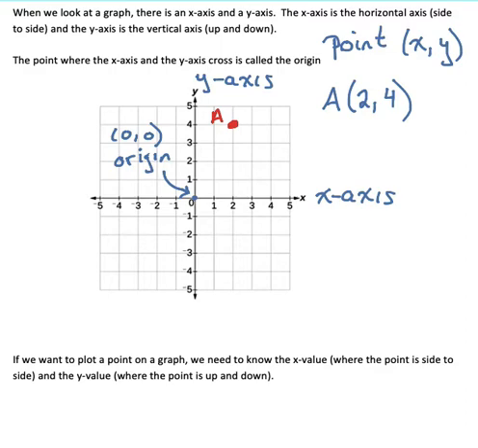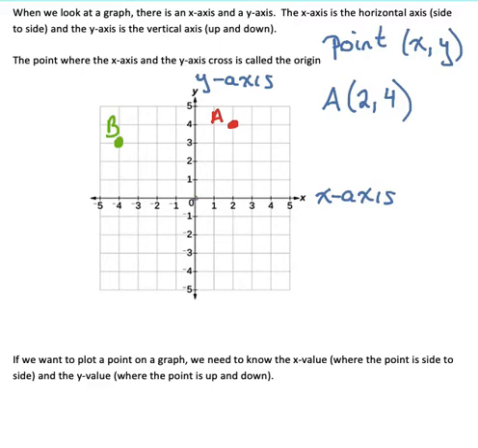We could also have some negatives. I'm going to erase where I wrote origin so that I can put a point there as well. So let's look at another point. Let's put a point here, and let's call it B. So we start at the origin.